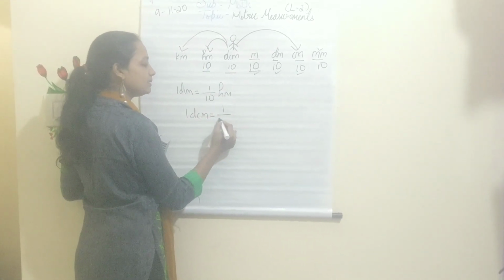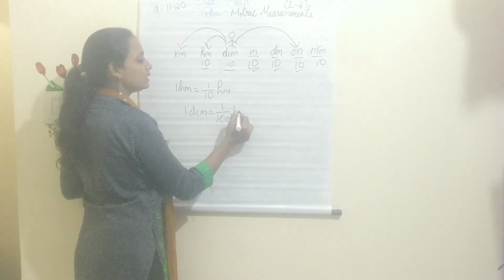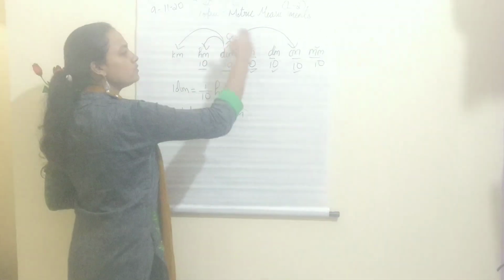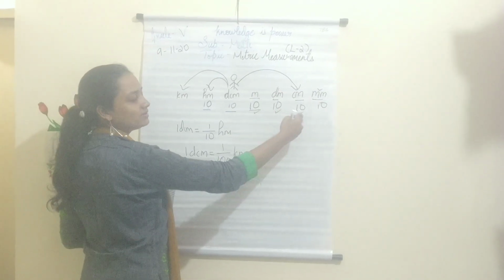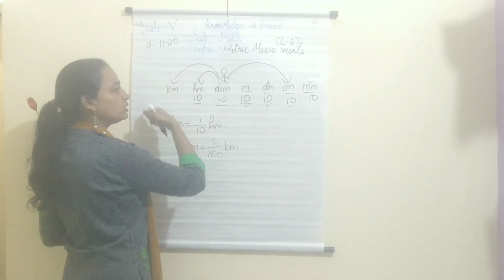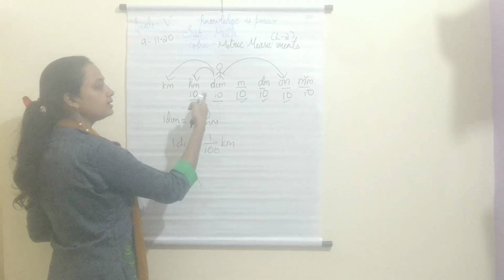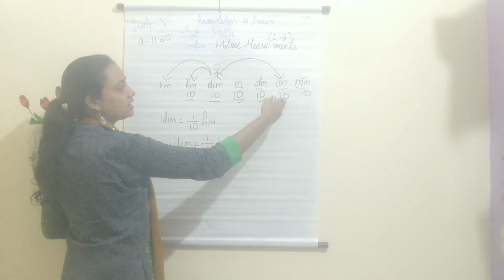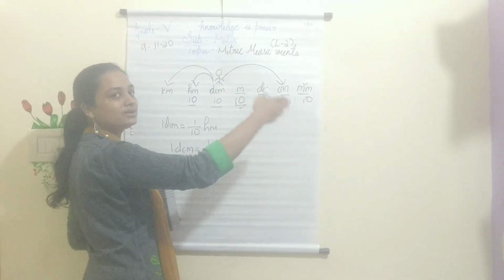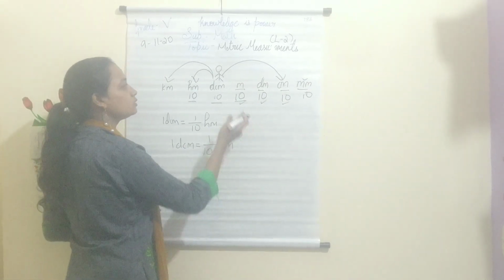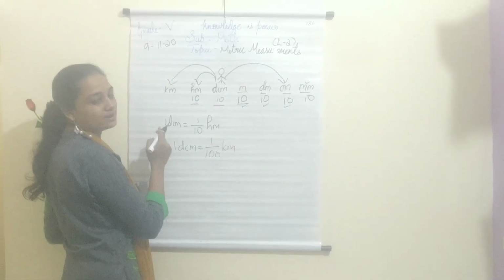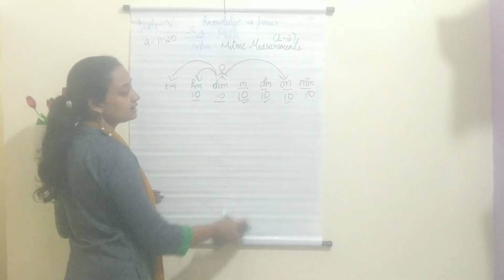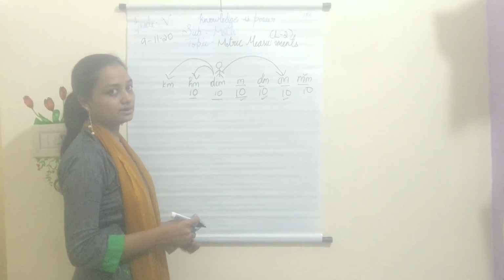So 1 by 100 kilometers. So what do you understand by this? When I move forward, I should multiply. When I move backward, I should divide by as many tens as the steps I go. Example, if I jump 3 steps forward, multiply with 1000. If I go 2 steps backward, divide by 100. So this is how you are going to convert from one form to another.